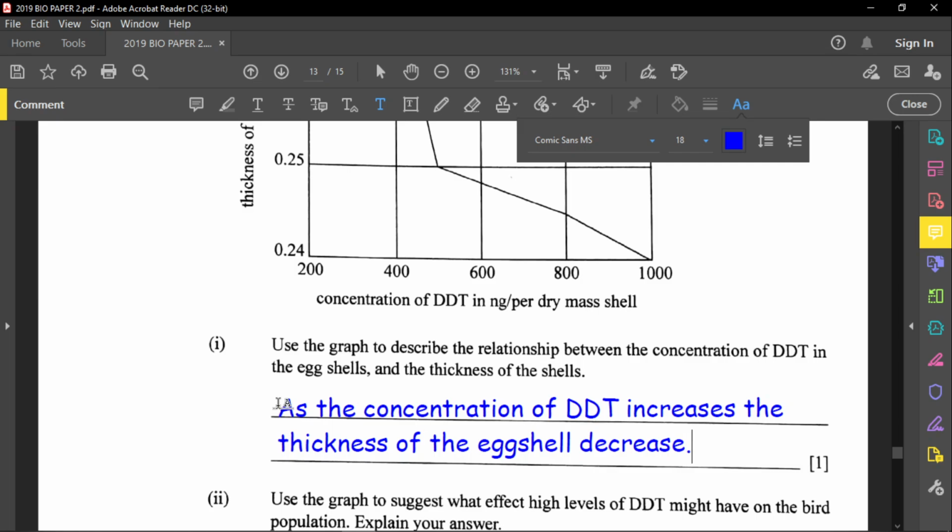All right, that's very important. So as one goes up, as the concentration of DDT increases, the thickness of the eggshells will decrease.